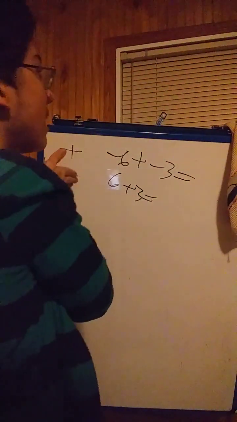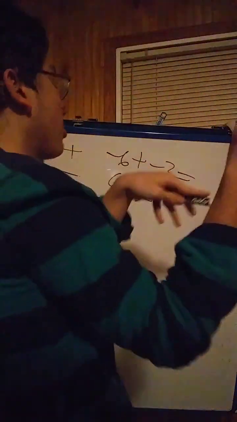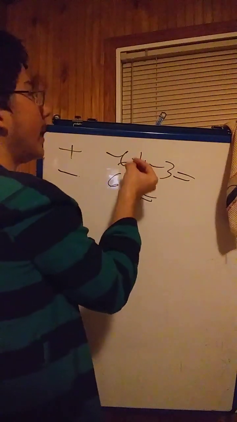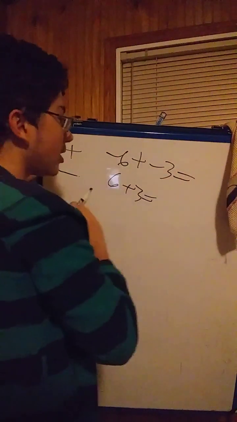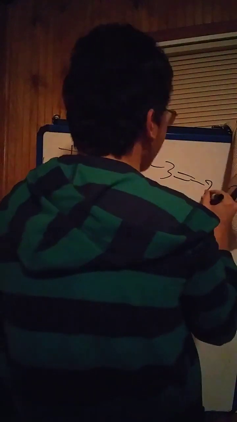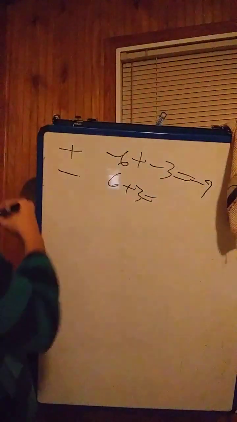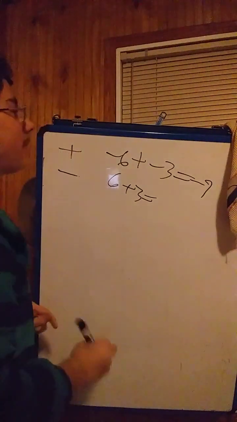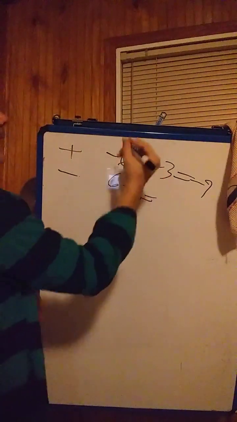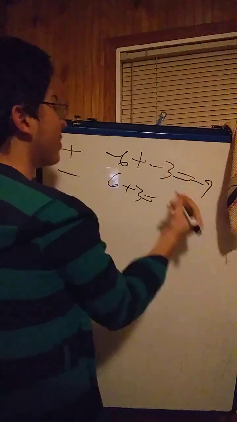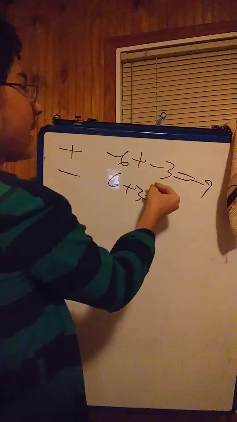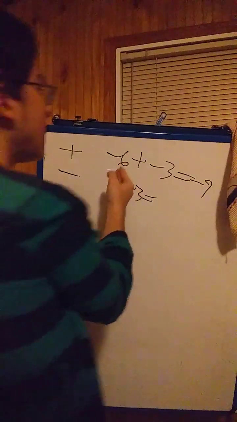So 9 would be bigger than 6 because it's further down, and bigger than 3 because it's further down. And negative 9, which is the answer of this one, would be further down, which would be less, and we're adding these because they have the same sign. Negative 6, negative 3, both negative numbers. We add 6, 7, 8, 9, and we just leave the sign.